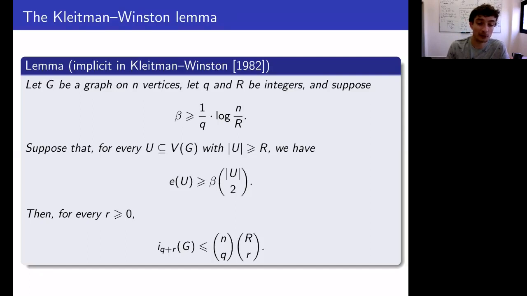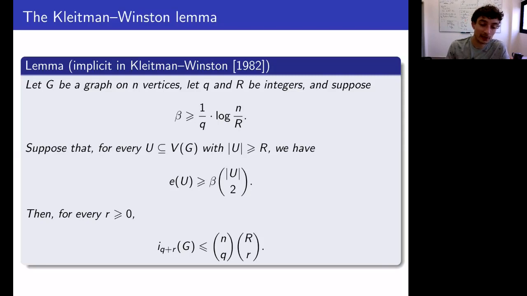So starting from this threshold value q, which will determine the density that we have to assume that every set of size at least r has, we can bound the number of subsets of size q plus r by n choose q times r choose r.